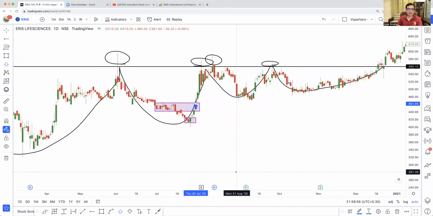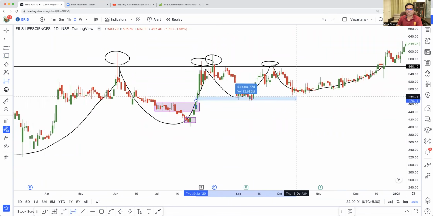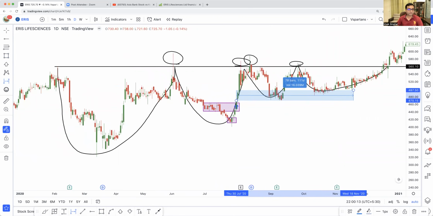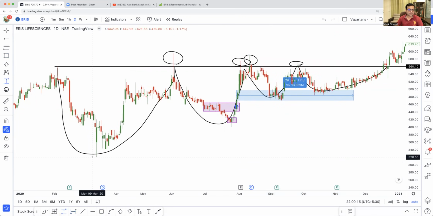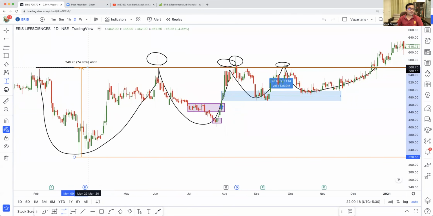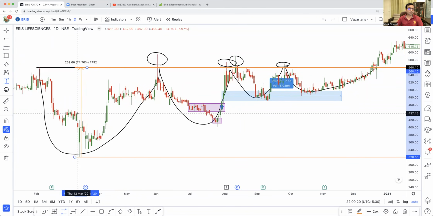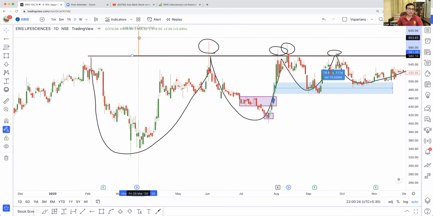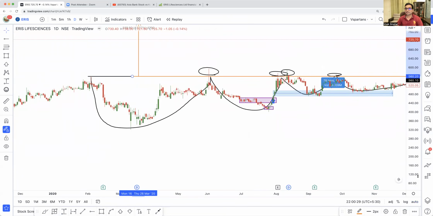So now if we see, after buying, the stock was trading almost in the same range for quite a long time, and it was not up. Even after 4 months, it was available at almost the same price. However, we bought it here, and we are measuring the target. The depth of the cup up to the neckline, and we are placing this depth above the neckline to get the selling target.